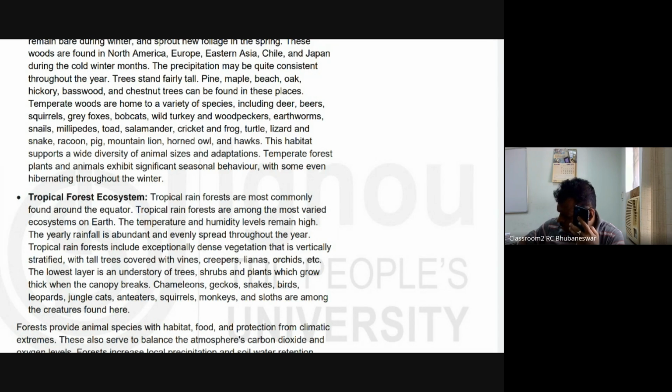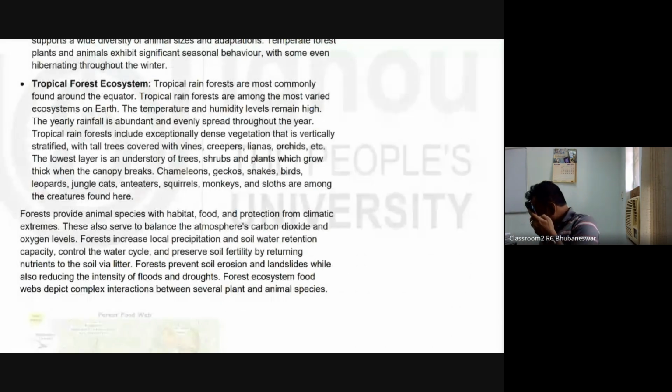Then you do have the tropical forest ecosystem. Tropical forest ecosystems can be subdivided into, have you studied about biomes? Biomes cover a very large geographical extent, so they have homogeneous climatic conditions, and you will see homogeneous animal communities and vegetation communities also.